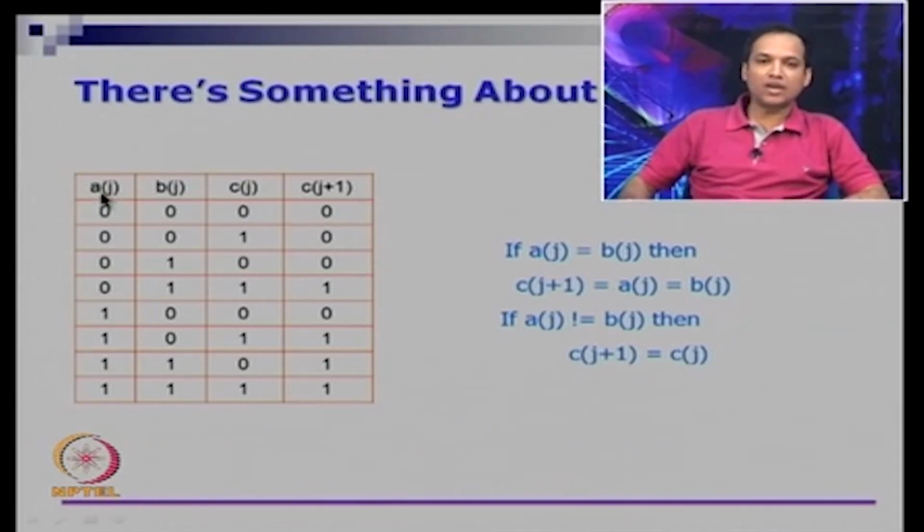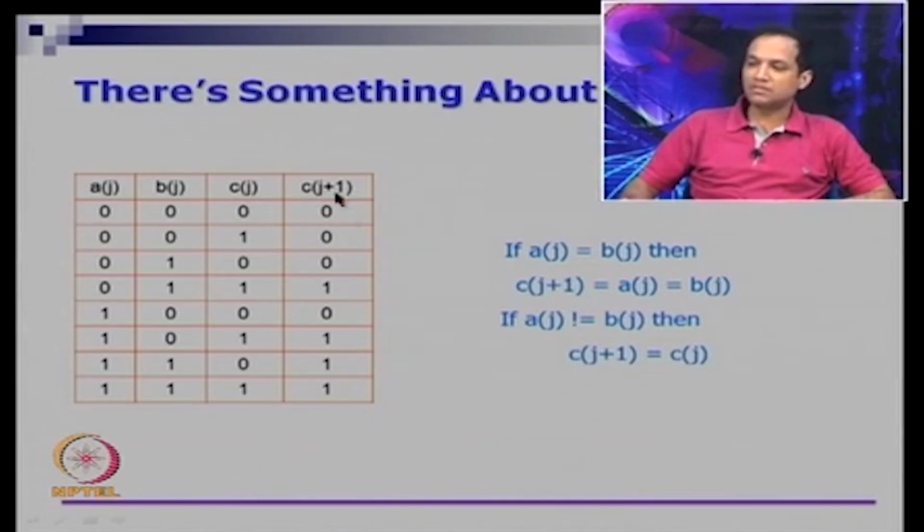So let us look at a of j, b of j and c of j and see what c of j plus 1 is. This is just a truth table. If a, b, c are all zeros, c of j plus 1 is 0. If a is 0, b of j is 1 and c of j is 0, then c of j plus 1 is 0 and so on. So if I get an input carry at location j, and a and b are something that I am going to give in parallel anyway, once c of j comes, I can calculate c of j plus 1.